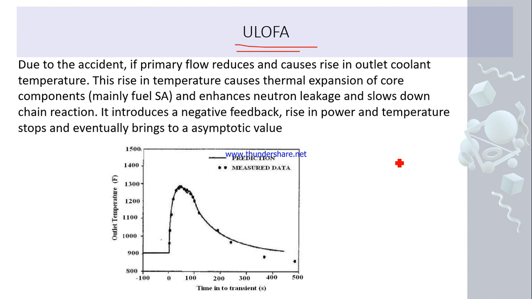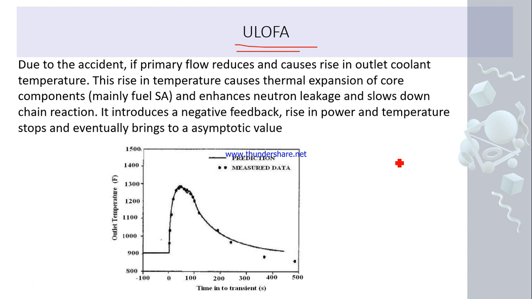This rise in temperature causes thermal expansion of the core components, mainly the subassembly, and your volume increases. Correct? Volume increase means it is going away from the critical volume. If you remember my first lecture on reactor physics, this will enhance the neutron leakage and slow down the chain reaction.